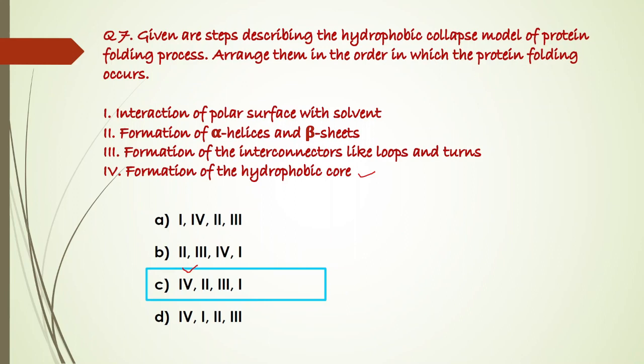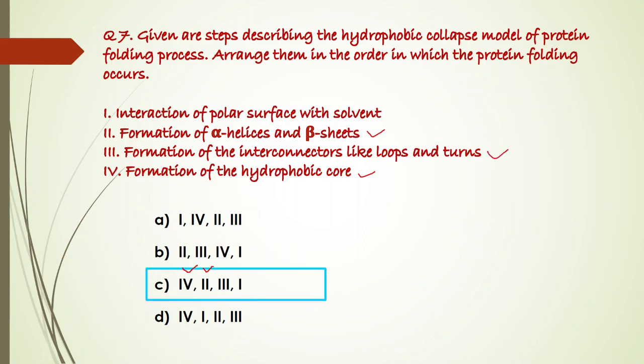That is statement 2. So after 4 will come step 2. Once those secondary structures are formed, they need to be connected. So once the alpha helices and beta sheets are formed, they are interconnected by loops and turns. That is our third step.